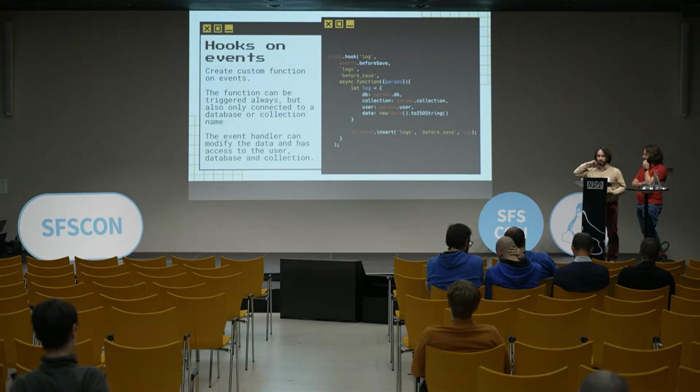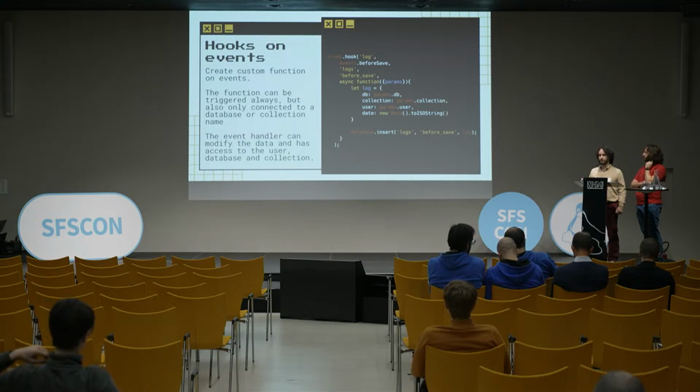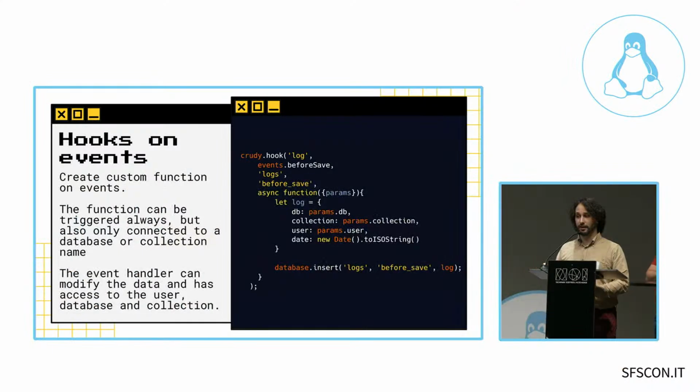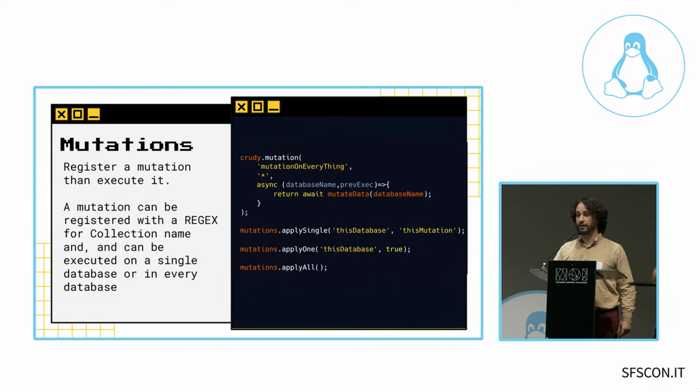So you can just as easily create a log for your application. These events are synchronous, so you can block the writing in your application with a before save hook. Let's say you want to validate your data with an external service. You can do this with a hook and a call to your external API.